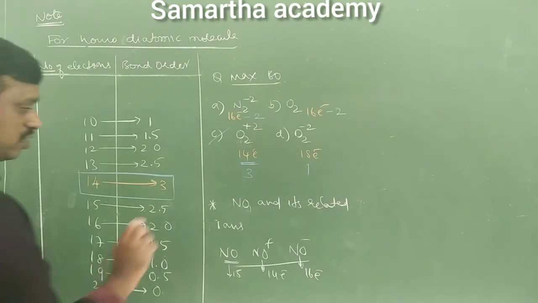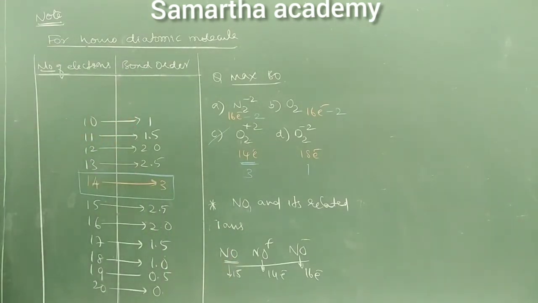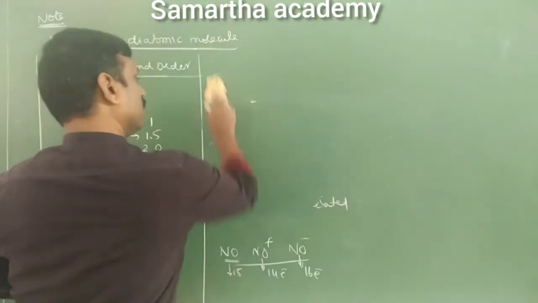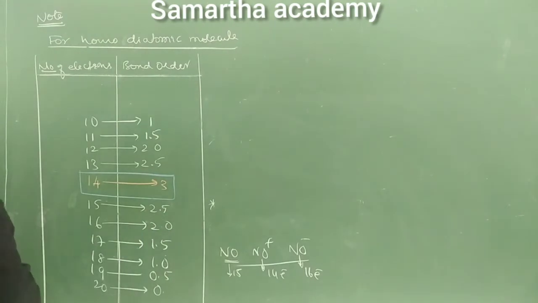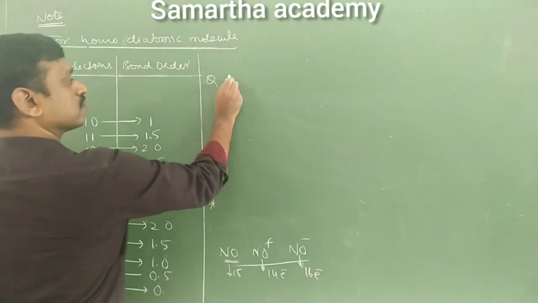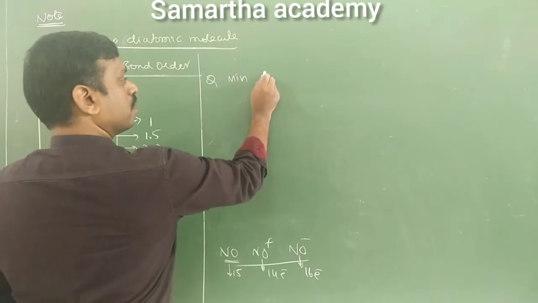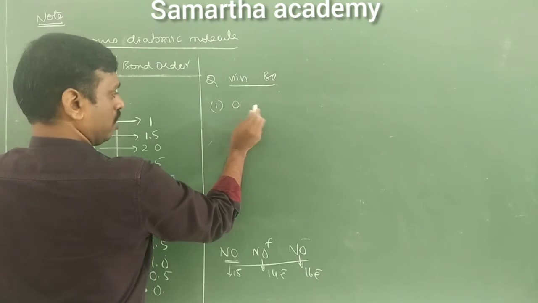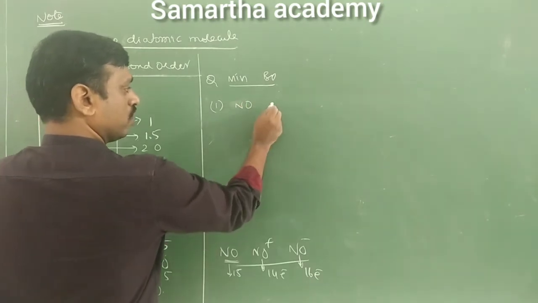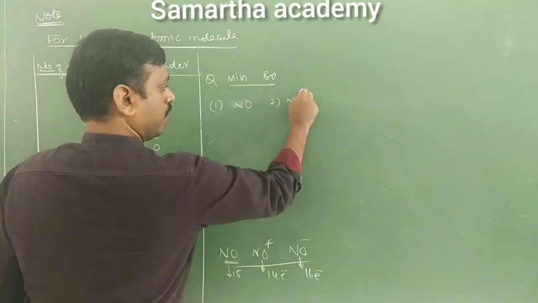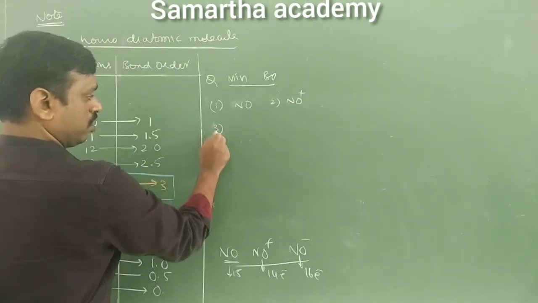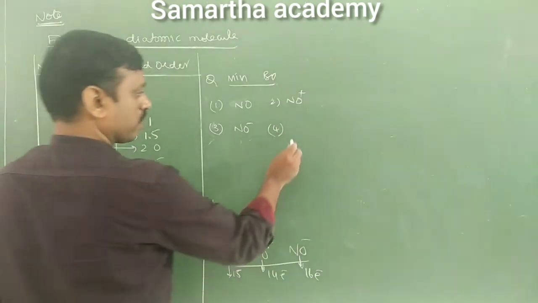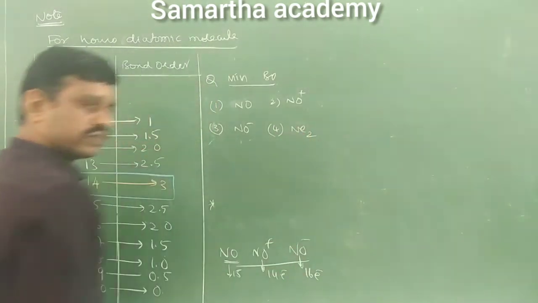Okay. Next, suppose the question is which of the following has minimum bond order, tell me. Write one more question. Which of the following has minimum bond order? 1 NO, 2 NO plus, 3 NO minus, 4 Ne2.